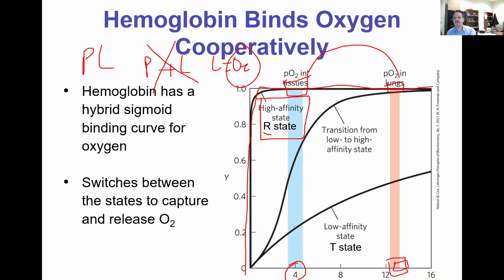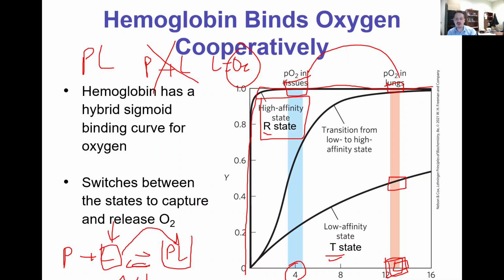Now the protein in the T state, at the site of the lungs, the concentration of oxygen is such that, remember, P plus L gives the protein ligand complex. In the T state, the KD value is making it so that it favors this side more. We've got a high KD value which is favoring this side. But if you add enough oxygen as ligand, then you're increasing this side, and so by Le Chatelier's principle, you're going to increase this.